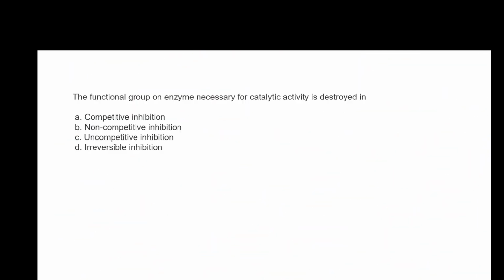Next, let's see the questions related to it. The functional group of an enzyme necessary for catalytic activity is destroyed in case of irreversible inhibition, and all these other three are part of reversible inhibition.